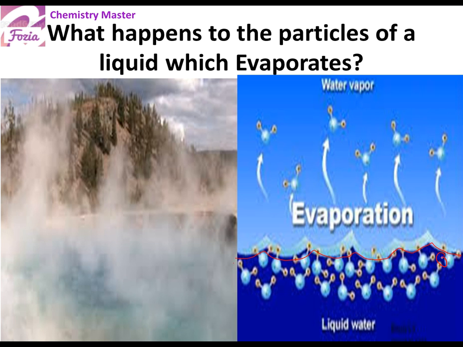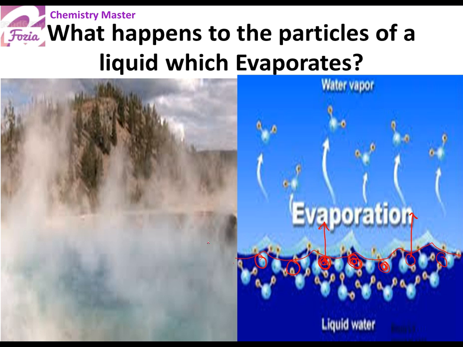There are some water molecules having kinetic energy more than the average kinetic energy of the remaining particles. Only those particles come to the surface which have enough kinetic energy to escape from the liquid phase. So these particles have a much higher kinetic energy than other particles of the bulk, and they escape from the liquid surface.